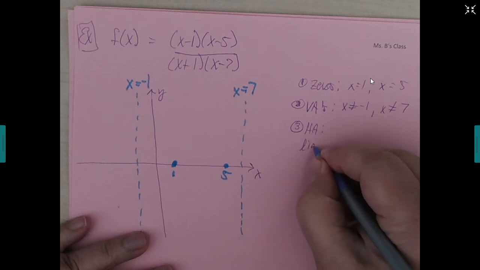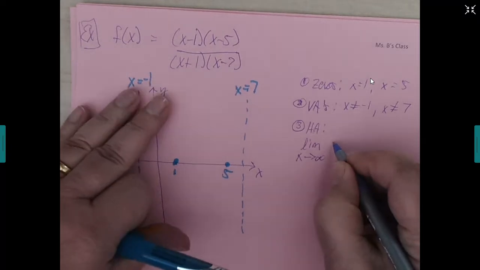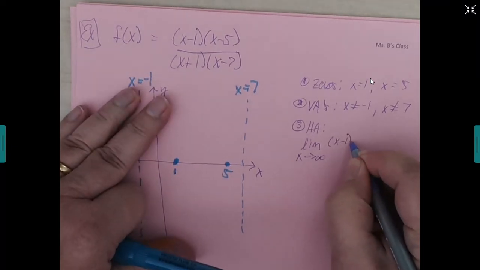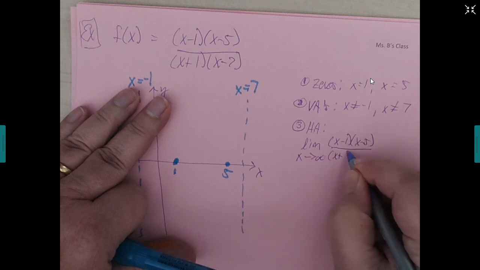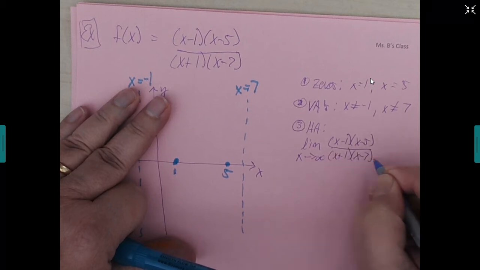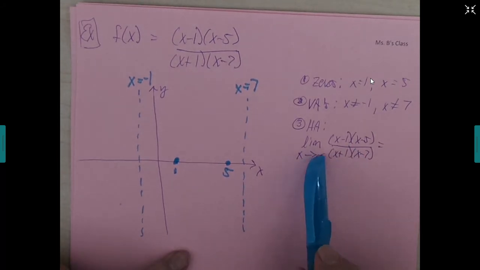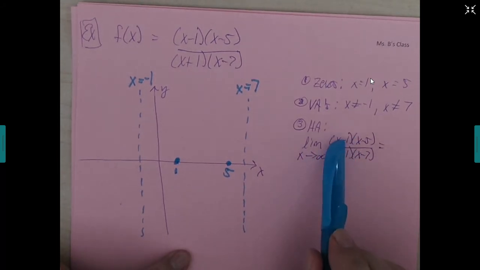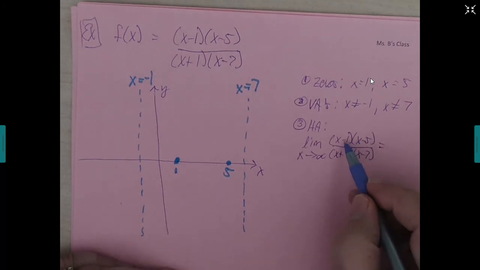The limit, the formal definition, as x approaches infinity of your function, x minus 1 times x minus 5, all over x plus 1 times x minus 7, is equal to, so if you replace all the x's with an infinity, infinity minus 1, infinity minus 5, infinity plus 1, infinity minus 7, all of these numbers are so negligible, okay? They're so insignificant compared to infinity.